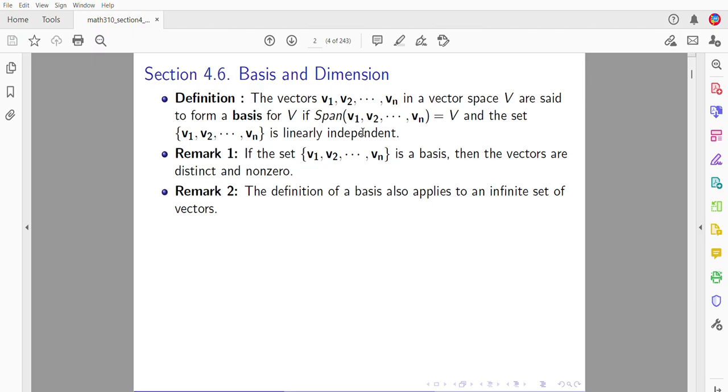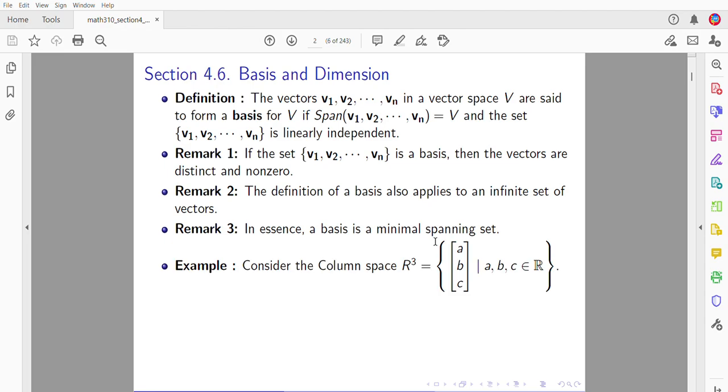It doesn't matter whether it is finite or infinite. In essence, a basis is a minimal spanning set. First of all, it has to span. Secondly, if it is minimal, then, if you remember, a minimal spanning set by definition is also linearly independent. We had seen this earlier.